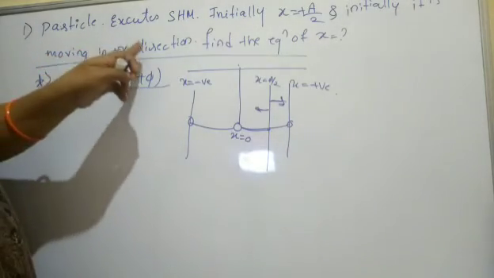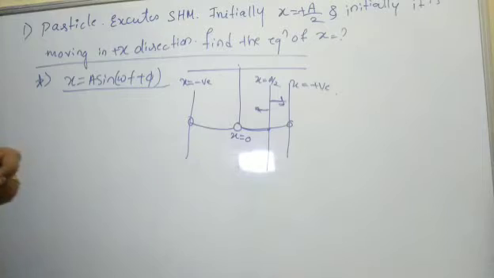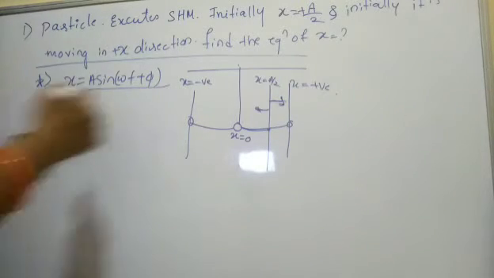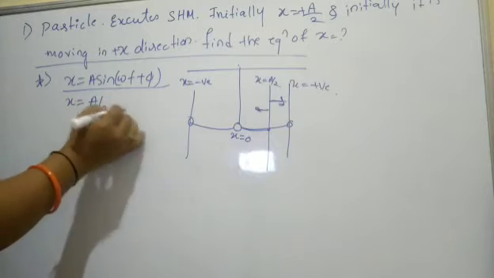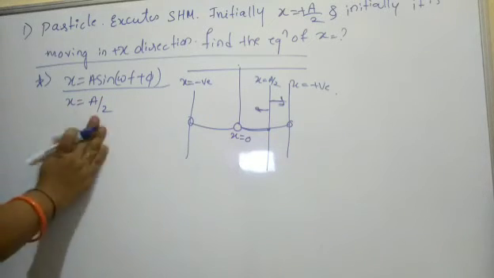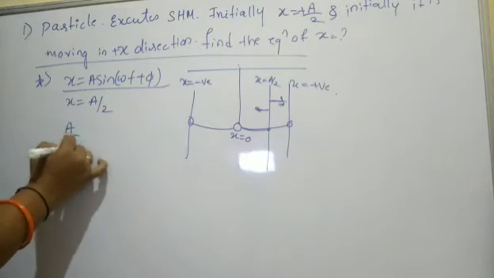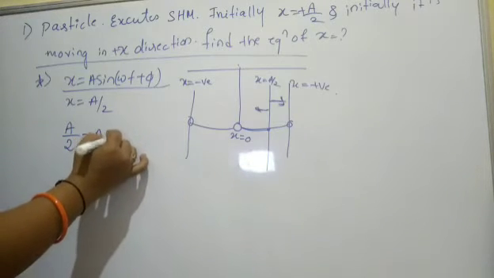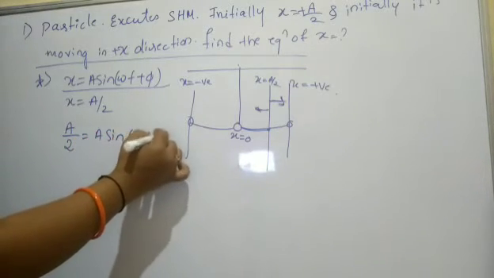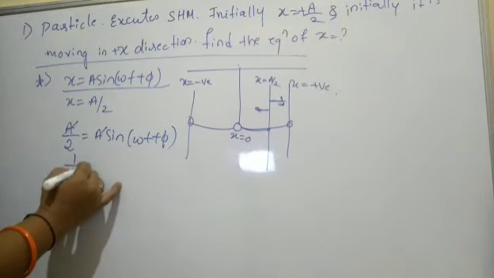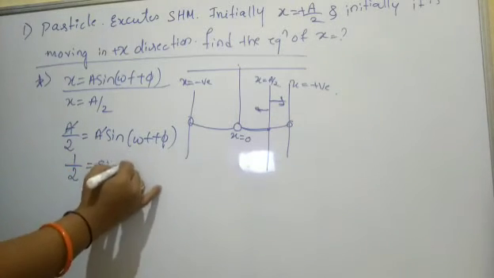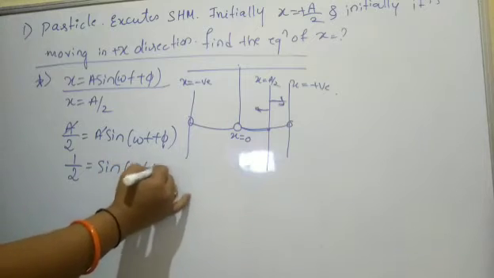But moving in the positive x direction, find the equation of the particle here. So placing x = a/2 here, what will we get? a/2 = a sin(ωt + φ). The a cancels, remaining with 1/2 = sin(ωt + φ).